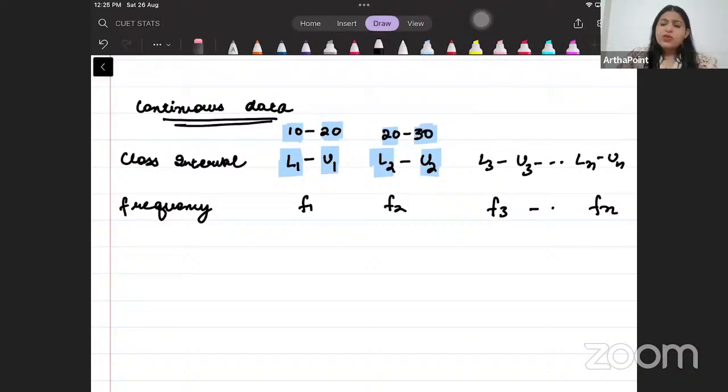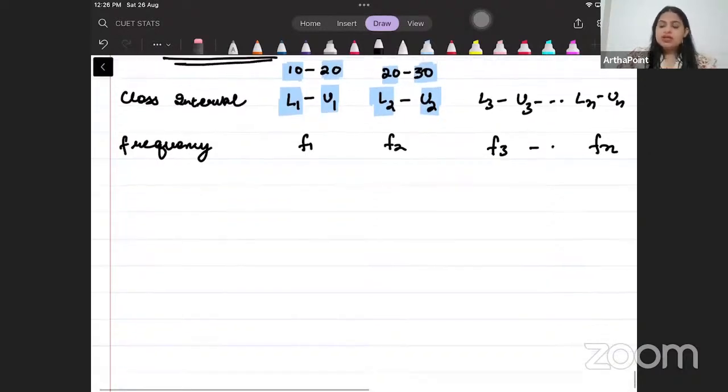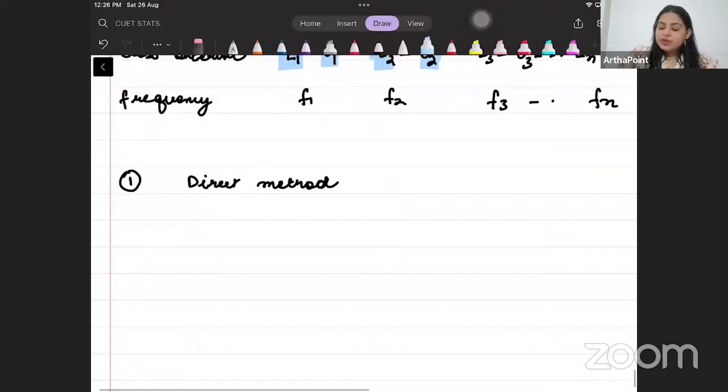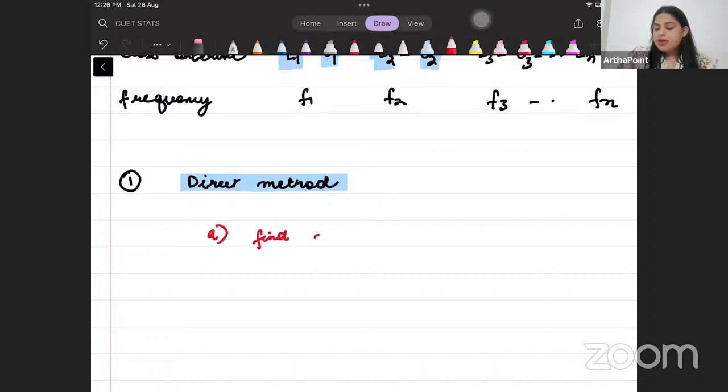Now, in order to solve for the mean in the continuous data set, you have two methods. The first method is called the direct method. So what can we do in the direct method? In the direct method, step 1, find the midpoint of the interval.